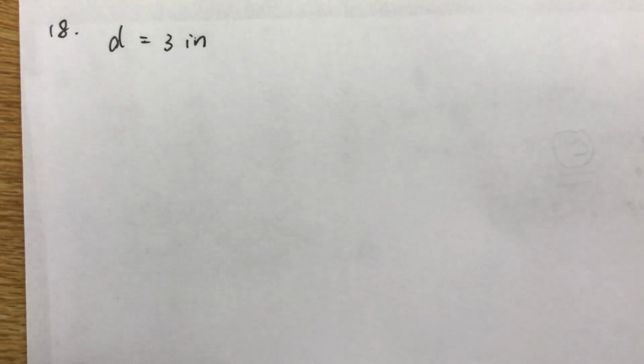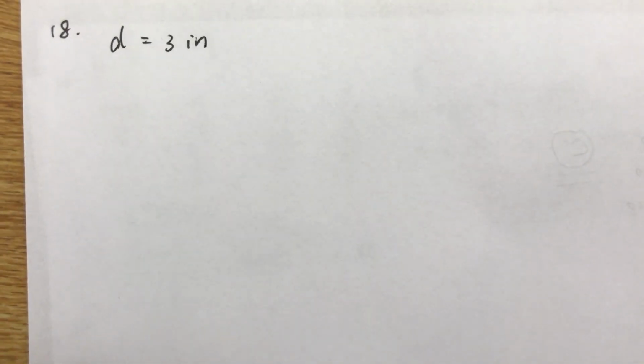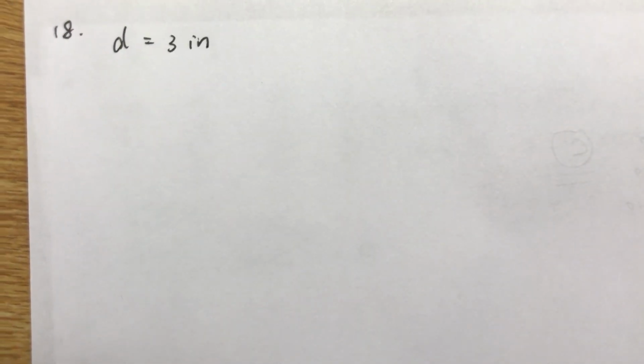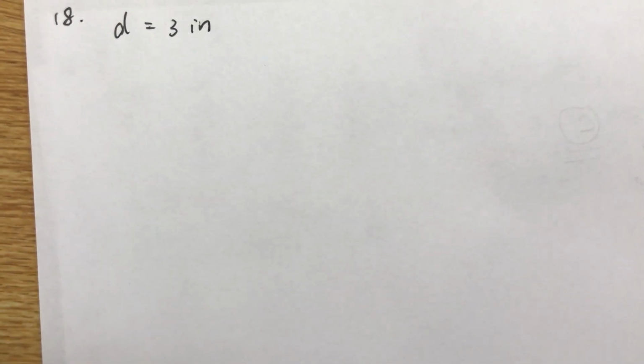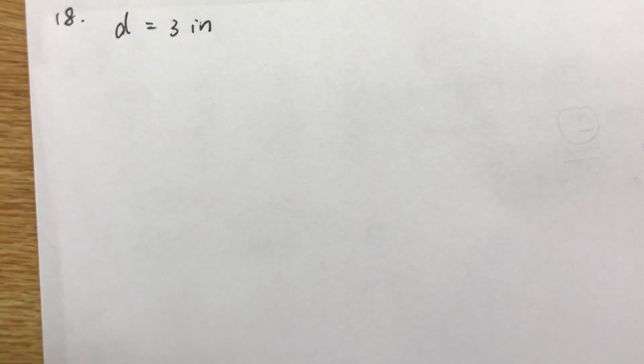So D is equal to 3 inches. And he pours milk from a gallon jar into each glass until it's full. If the height of the milk in each glass is about 6 inches, what is the largest number of full milk glasses that can be poured from 1 gallon of the milk?